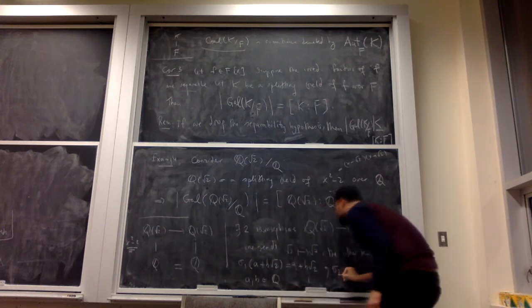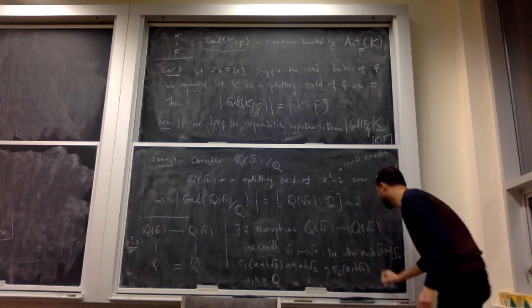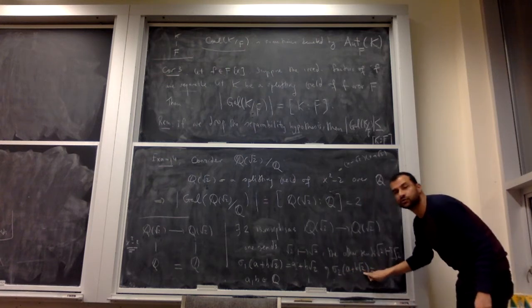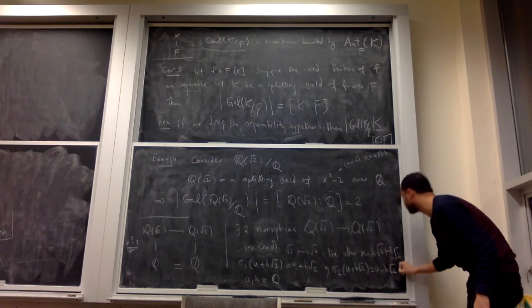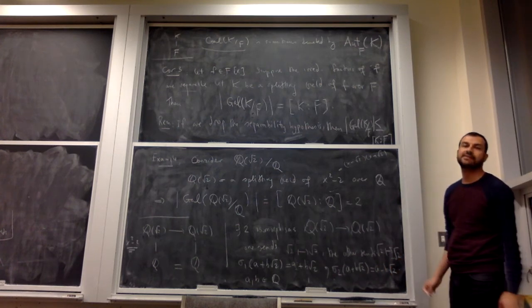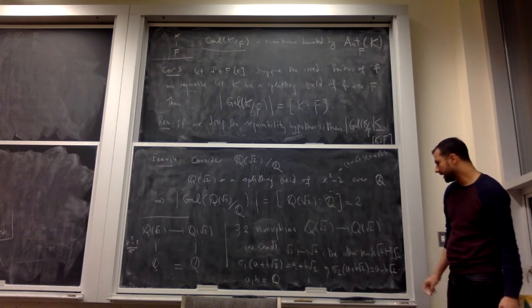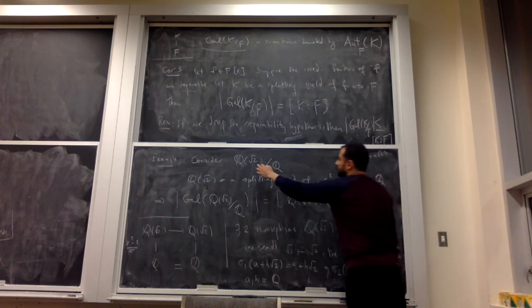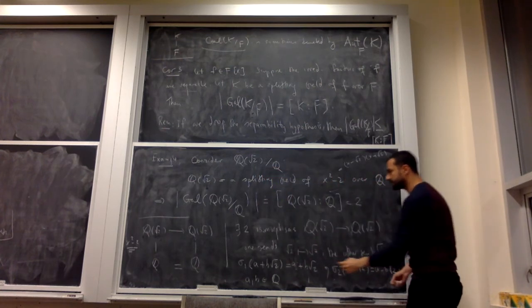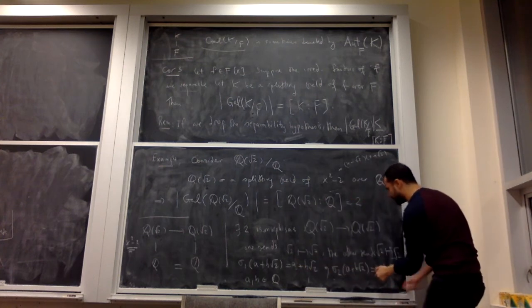And then sigma 2 of A plus B root 2 is equal to, well, sigma 2 sends root 2 to minus root 2, so A minus B root 2. That's sigma 2. The Galois group of Q adjoint root 2 over Q consists of these two maps. Sigma 1 is just identity, and sigma 2 is this map here.